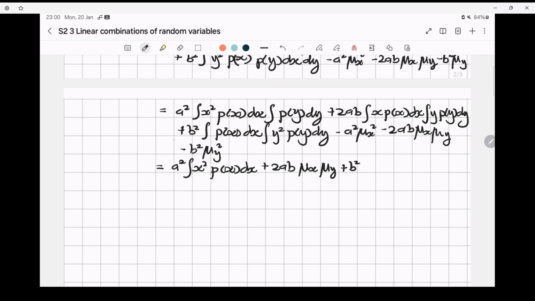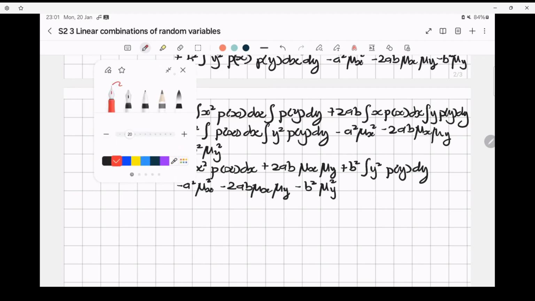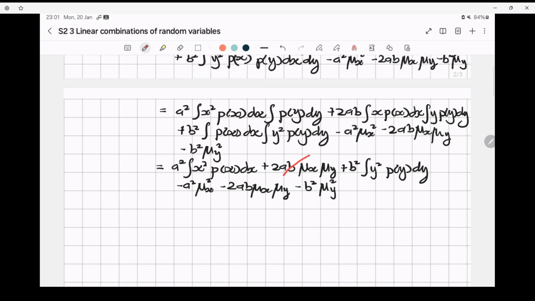The first integration gives you 1, the second one keeps it. Then you have minus a square mu x square, minus 2ab mu x mu y, minus b square mu y square. So there's only one term that you can cancel off, which is the 2ab term.